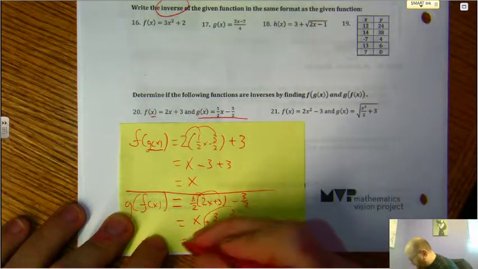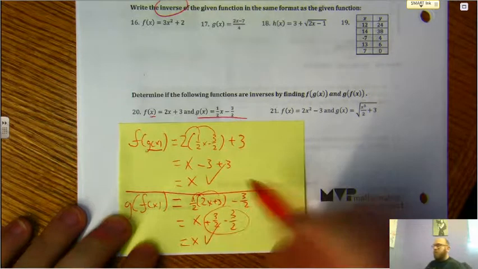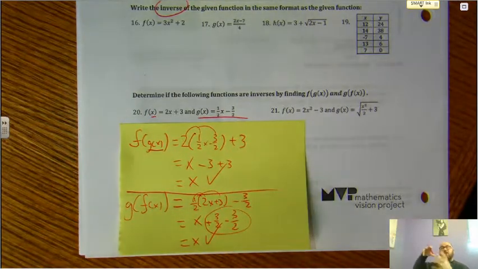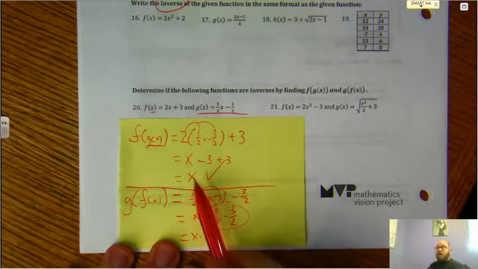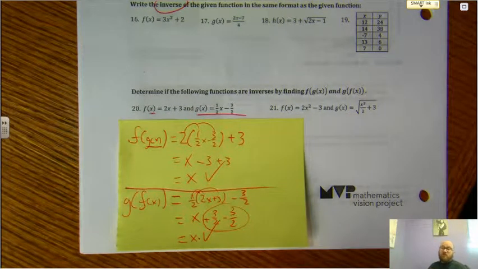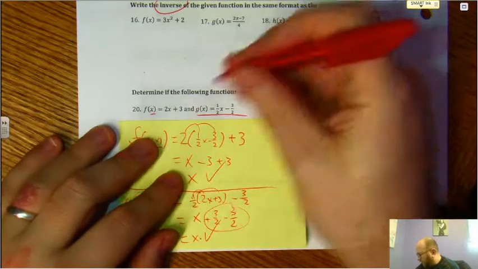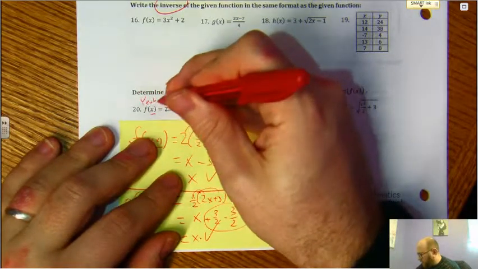This will simplify, so it's just x. So you see when I plug f into g and when I plug g into f, I get x as my output. This means that they are inverses of each other. They do invert because when we plug them into each other, we just get our variable. So yes, this is an inverse.